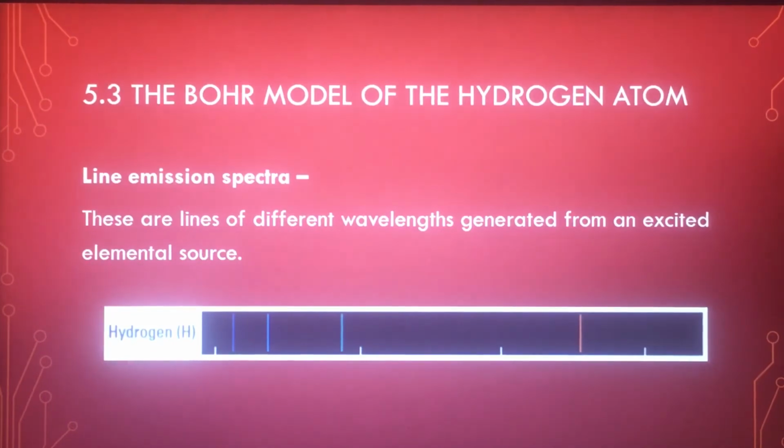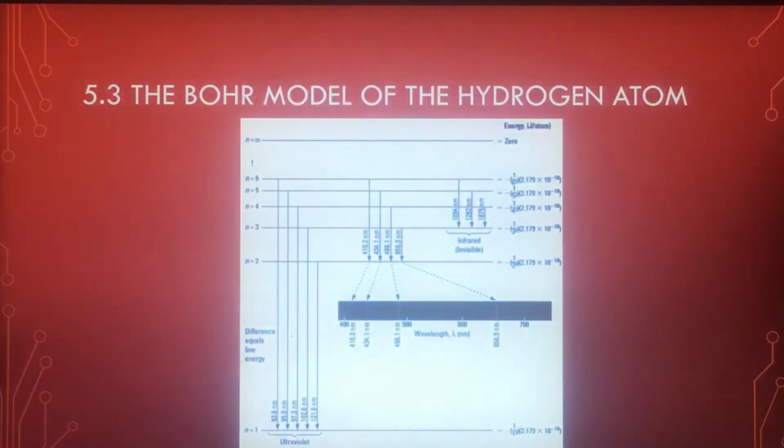Okay, so how do these atoms absorb or emit those energies? Inside the atom, we have particular energy levels. So we have n = 1, 2, 3, and so on, up to the infinite energy level.